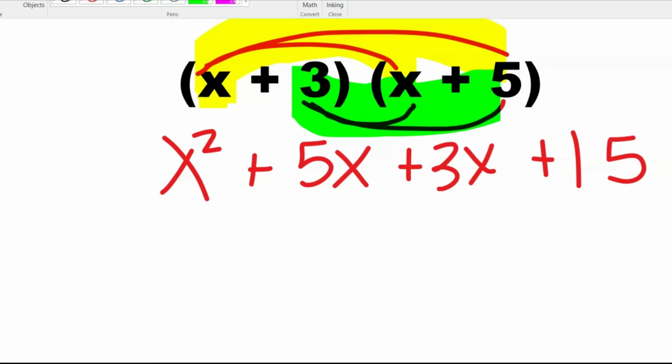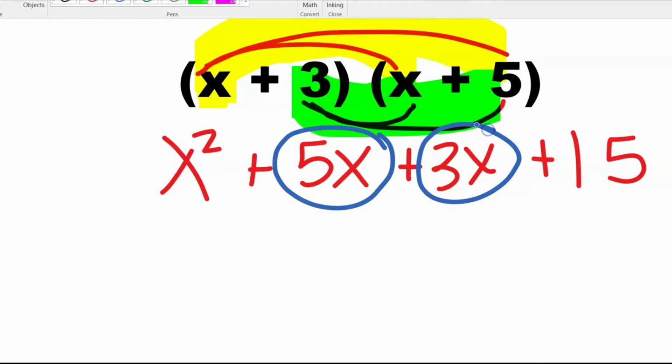I multiplied a binomial times a binomial, and I'm going to see if there are like terms, and there are. I've got a 5x and a 3x. Those are what we call like terms. When you think back to polynomials, when we first started looking at like terms, if they just have the same variable, it's like adding 5 apples to 3 apples. They're the same.